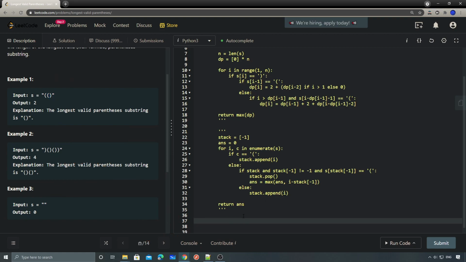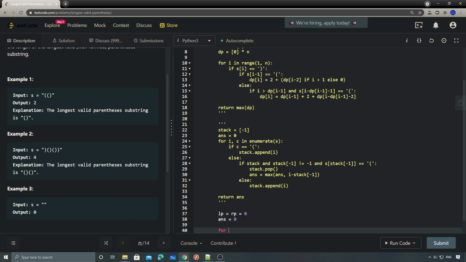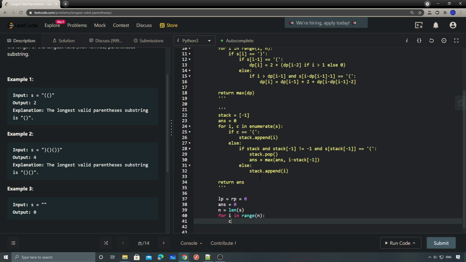So we have left parenthesis equal to right parenthesis equal to 0, and then answer equal to 0. First we traverse from left to right. The current character c is equal to s[i].